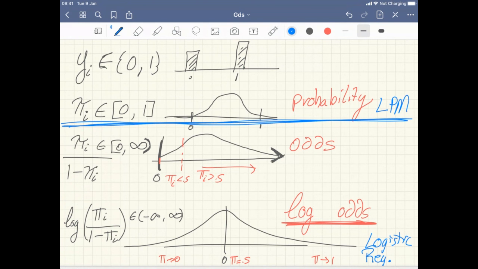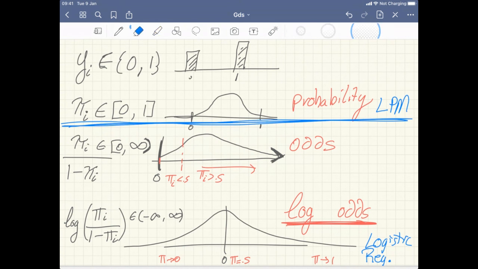By doing this, it stretches out the parts of the distribution that are close to 0 and close to 1, when probabilities are really big or really small. And then it keeps everything close to a normal distribution, or close to the original up here, when probabilities are close to 0.5.